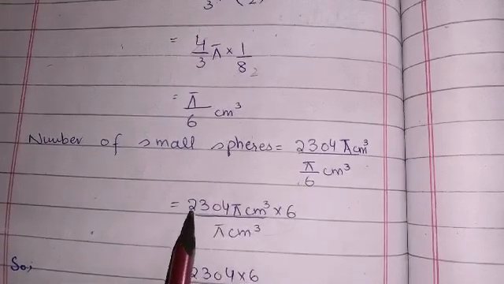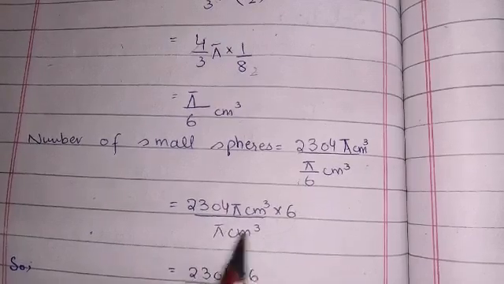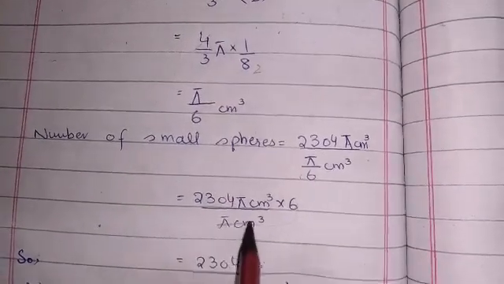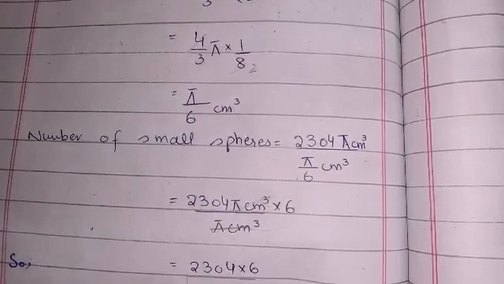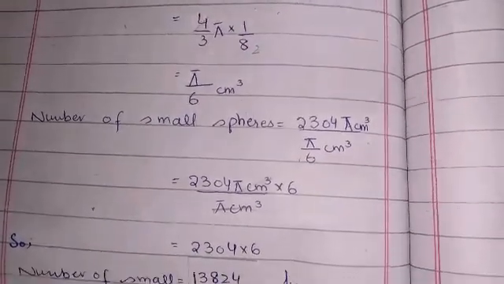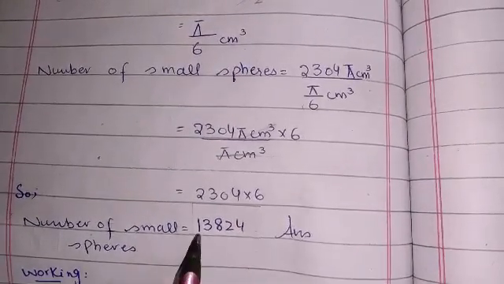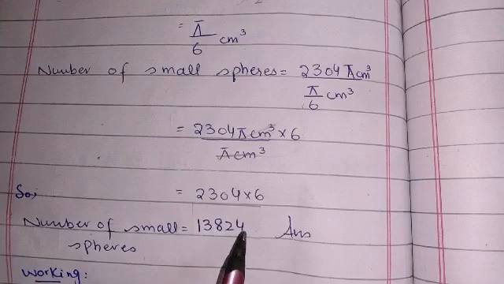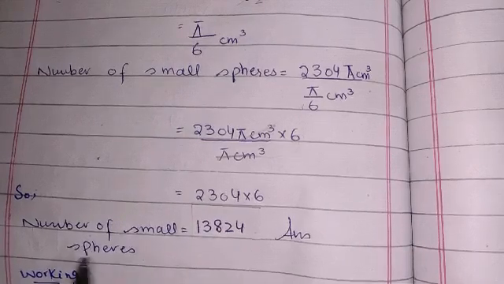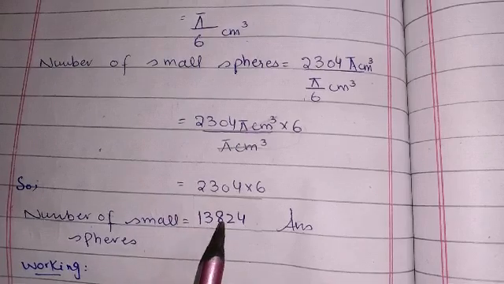Then we will write 2304 pi centimeter cube into 6 over pi centimeter cube. Now students, pi centimeter cube is cancelled with pi centimeter cube, so the numbers left are 2304 into 6. When we multiply both numbers, we get the number of small spheres, which is 13824. This is our answer. So the answer statement is: number of small spheres is equal to 13824.